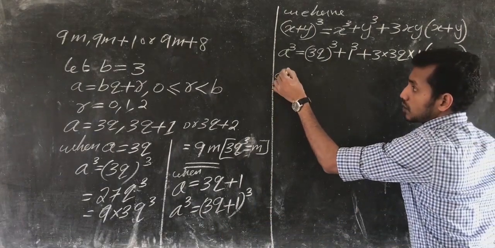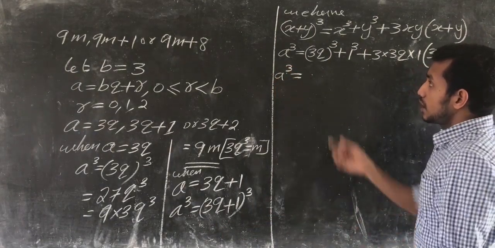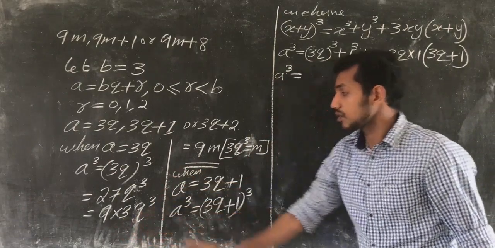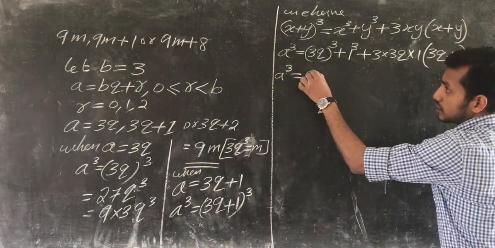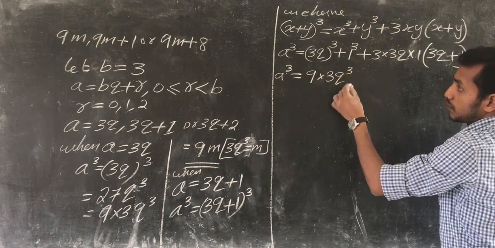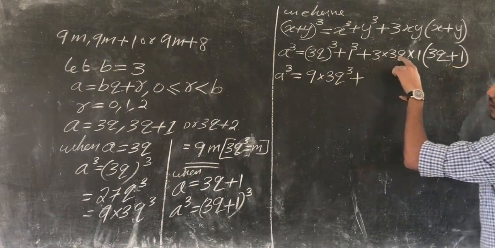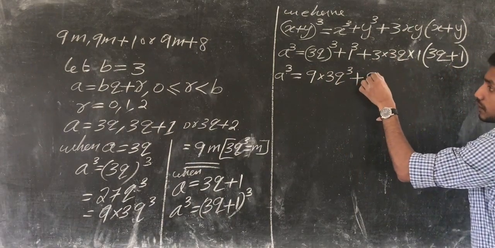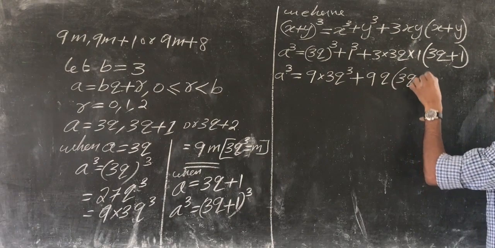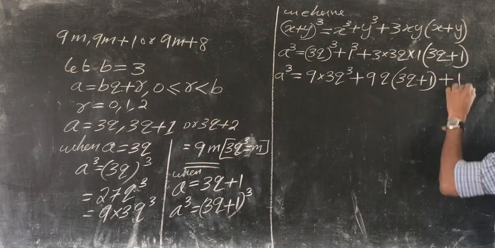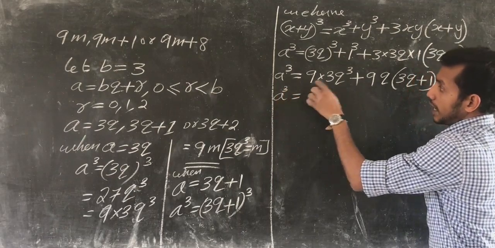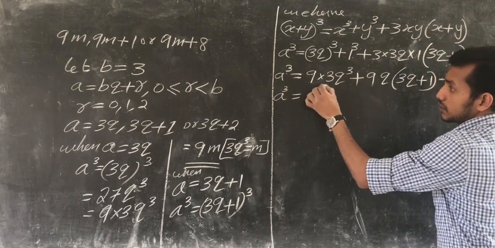A cube is equal to 3q whole cube, we already written in the form here, 9 into 3q cube, plus 3 into 3q into 1 into 3q plus 1, plus 1. Here 9 is common in both terms.